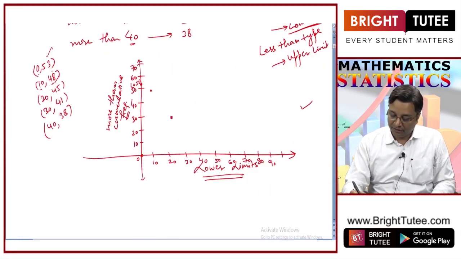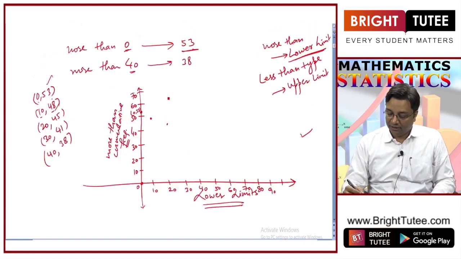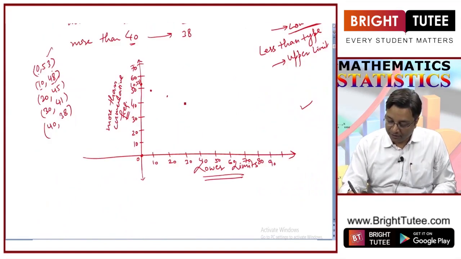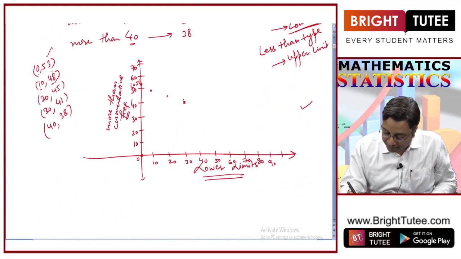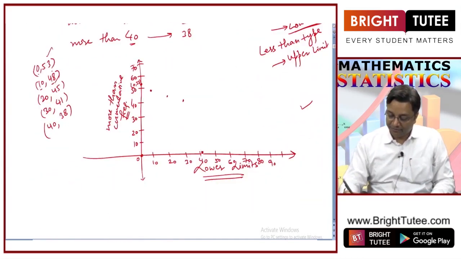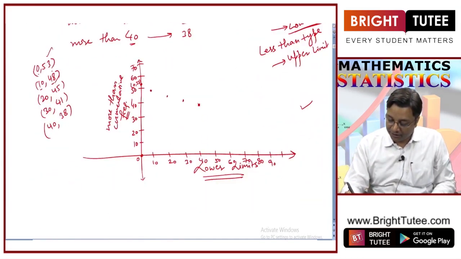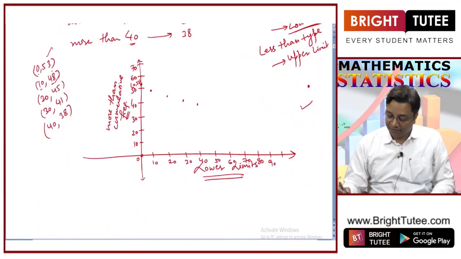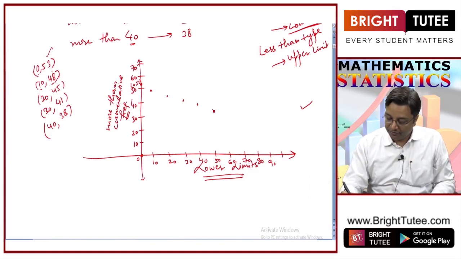So, 20, 45. Let us say it is here. 30, 41 will be somewhere here. 40, 38, and then 50, 35, 50, 35 is here.